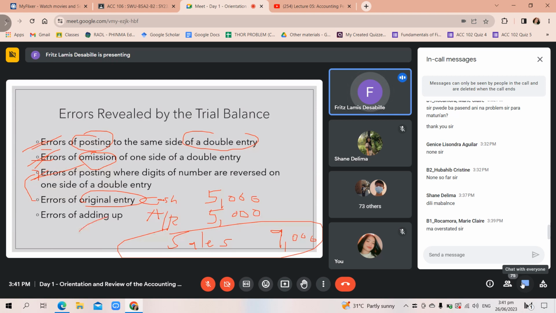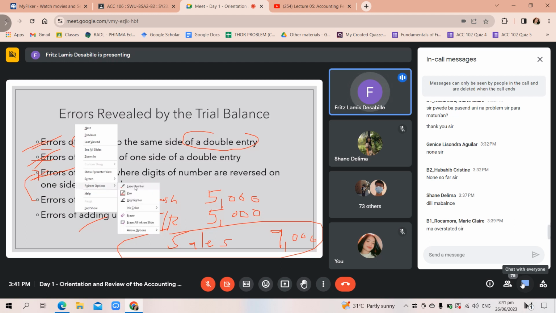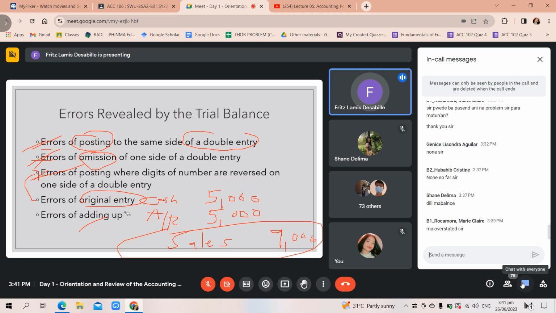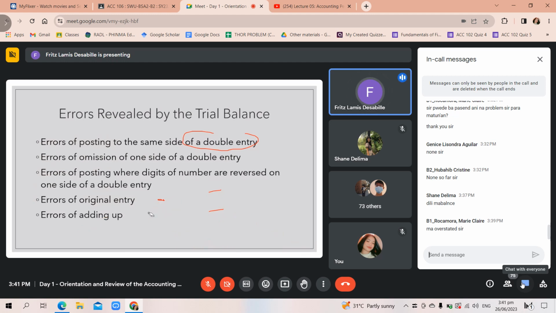So those things can be detected by the trial balance. Why? Because any of these entries would result to the trial balance not being balanced. So those are things nga ma-detect nimo. Again, makaila ka nga sayop ang trial balance kay dili equal imong debits ug imong credits.